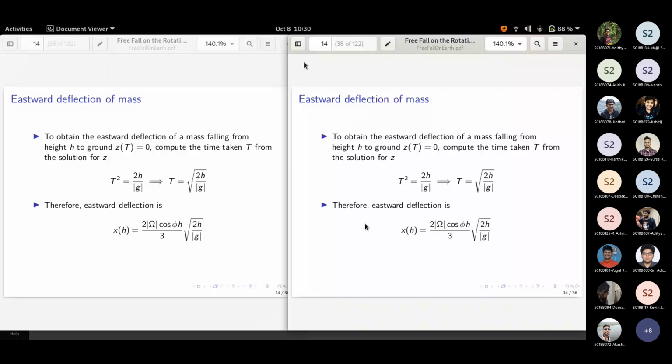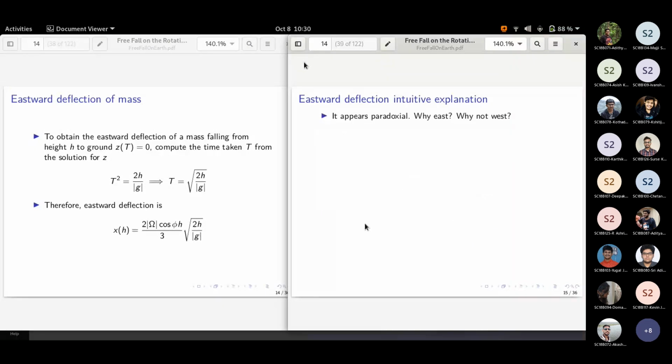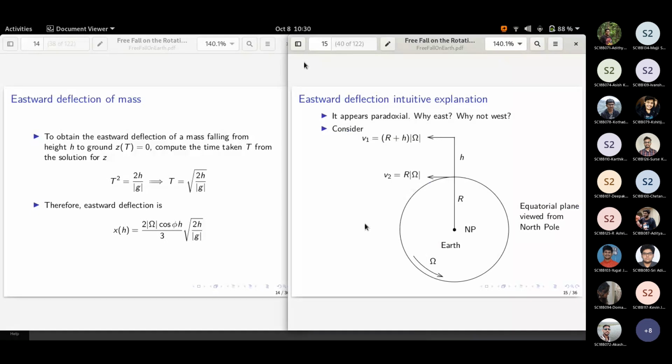So why is it not west? Why is it towards east? One way to geometrically imagine this is as follows. If an object is at a larger height h, its eastward velocity is already high. When it starts falling from there, it has this excessive eastward velocity, which is given by h times modulus of omega.